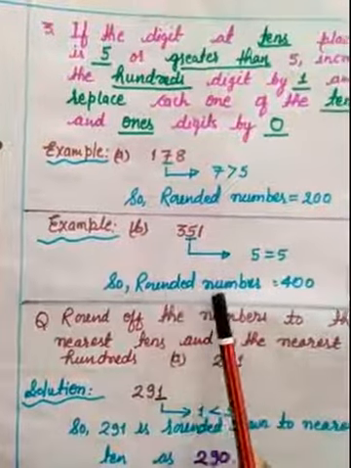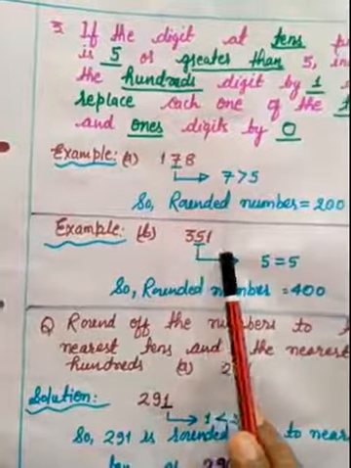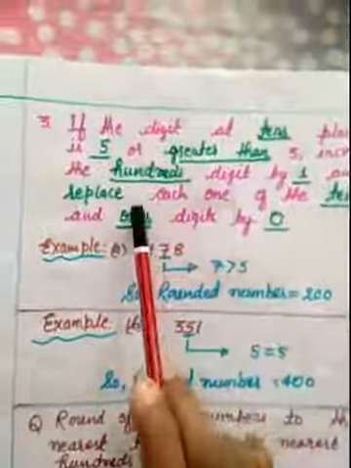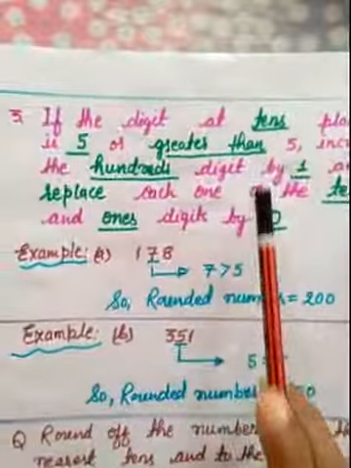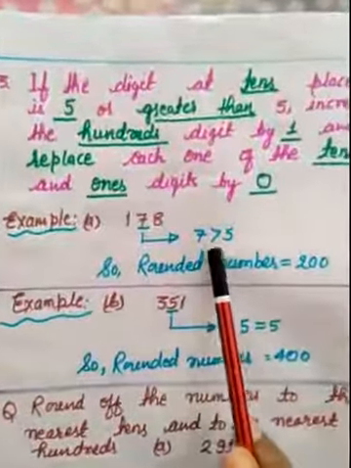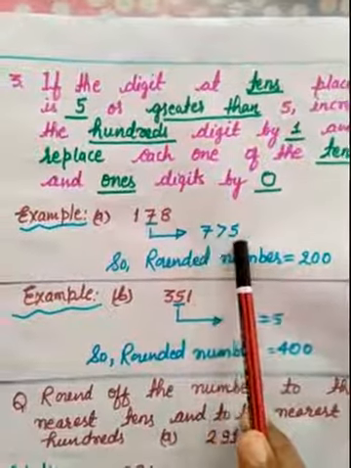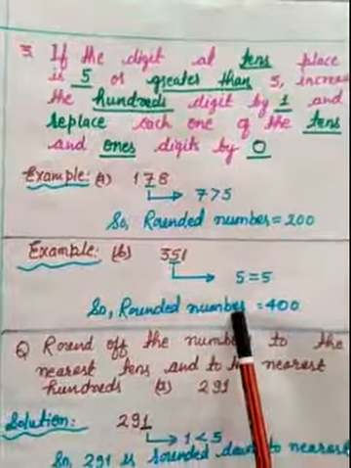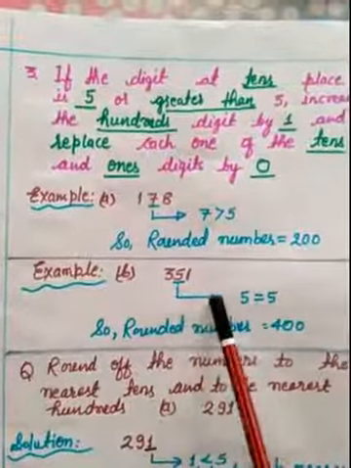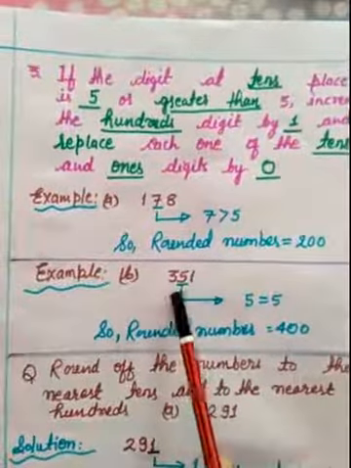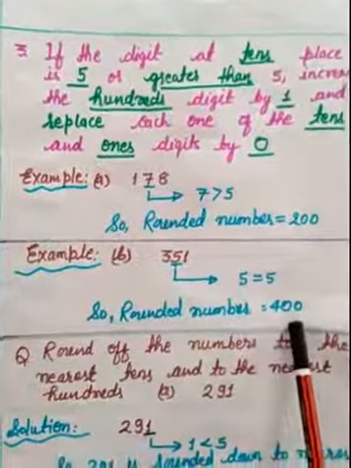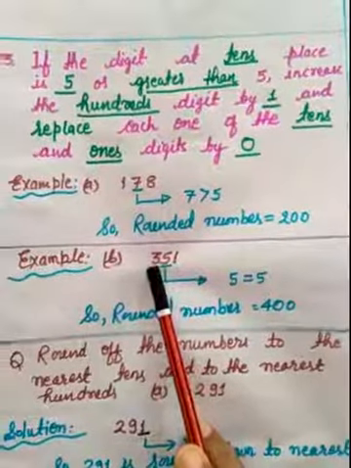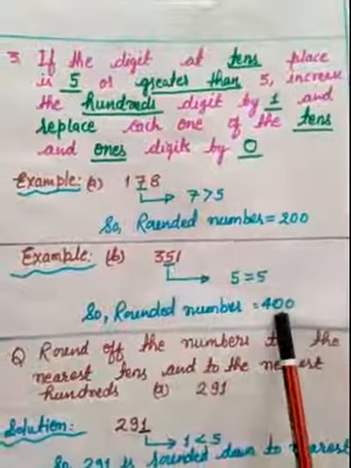So the rounded number of 351 will be 400, because we know students, if the tens place digit is 5 or greater than 5, we round up. In this case also rounding will be up, so rounded number of 351 will be 400. We increase the 100 place by 1 and tens and ones digits will be 0.